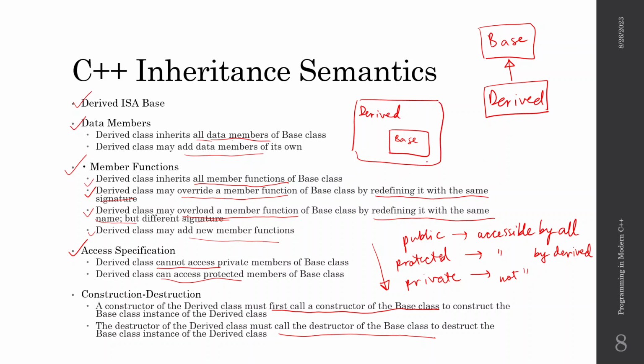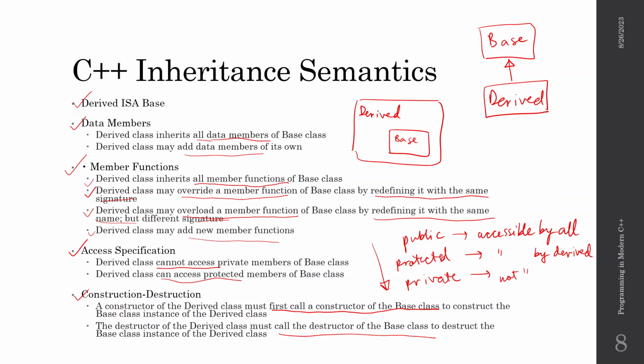You can see from all of these things that all of the data members of the base class will be there in the derived class, and all of the member functions of the base class will also be there in the derived class. So in a way, the derived class contains a small base class, and surrounding it there are some additional functionality, additional data members and additional member functions. So the derived class adds additional things on top of the base class.